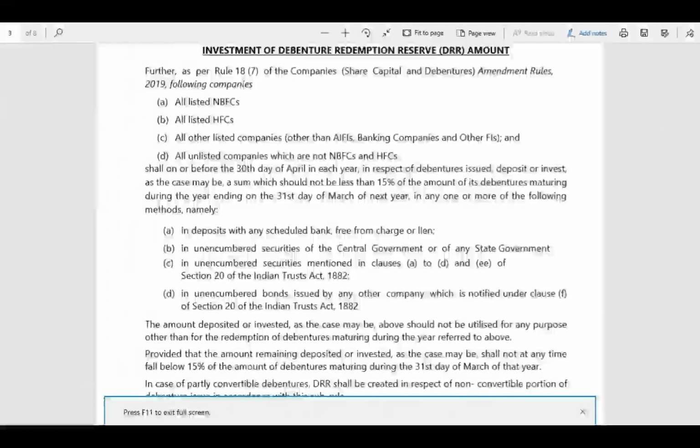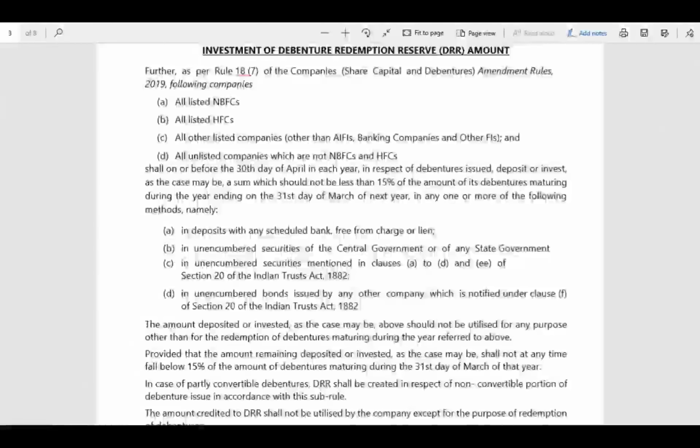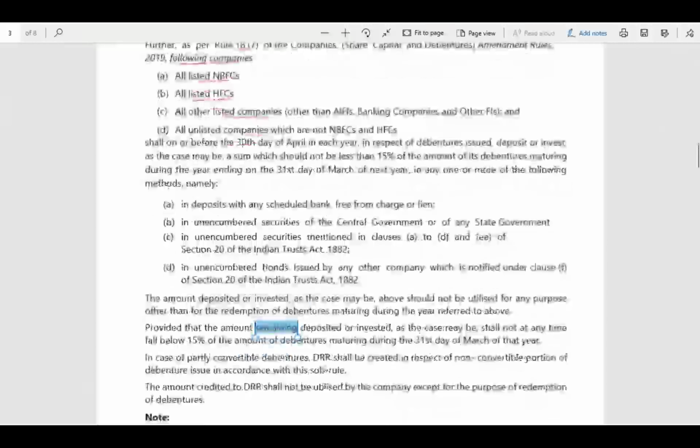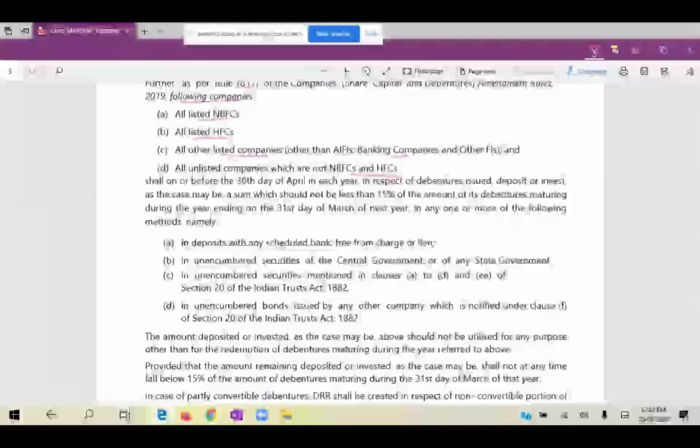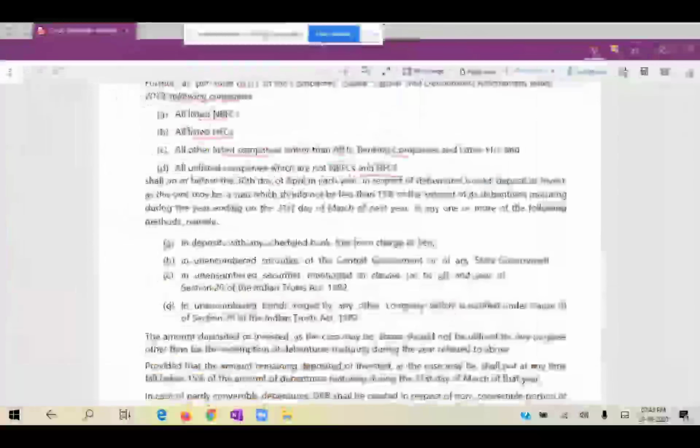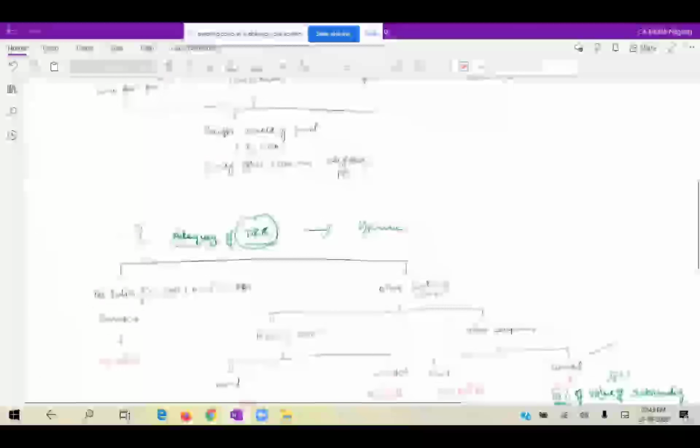Further, as per Rule 18 of the Companies (Share Capital and Debentures) Amendment Rules 2019, the following companies: all listed NBFCs, listed HFCs and other listed companies other than AIFIs and banking companies, and all unlisted companies which are NBFCs.